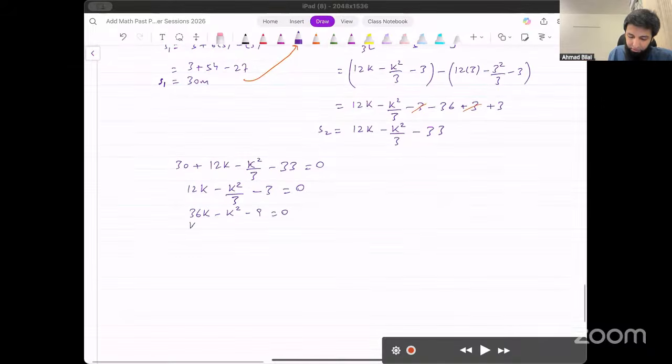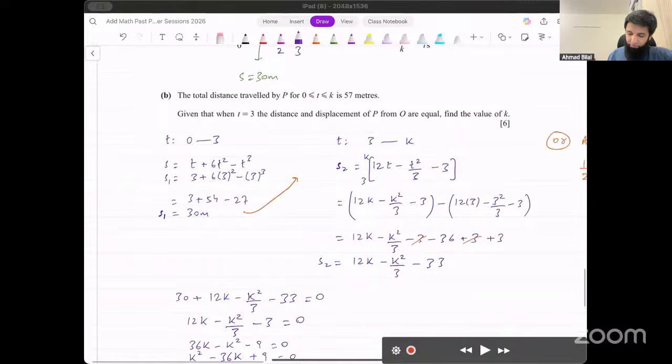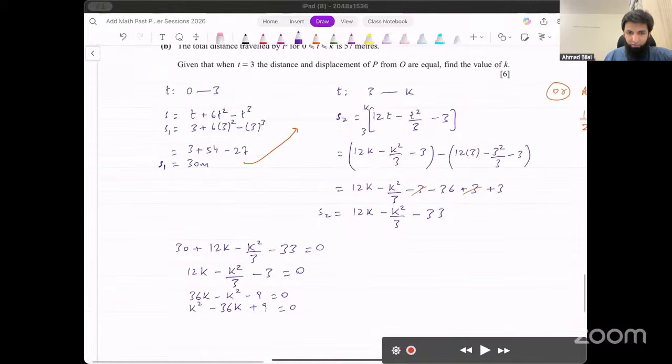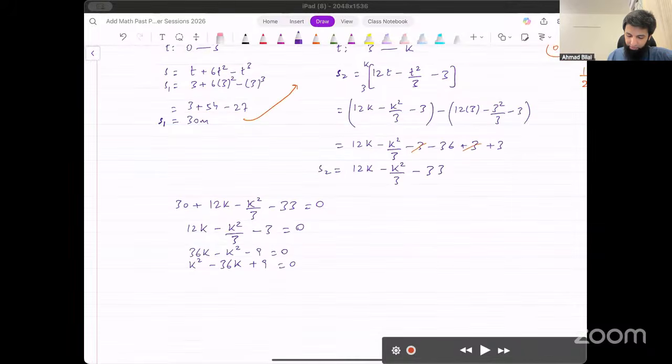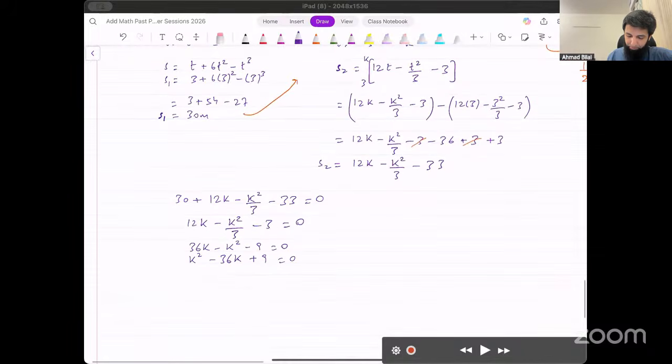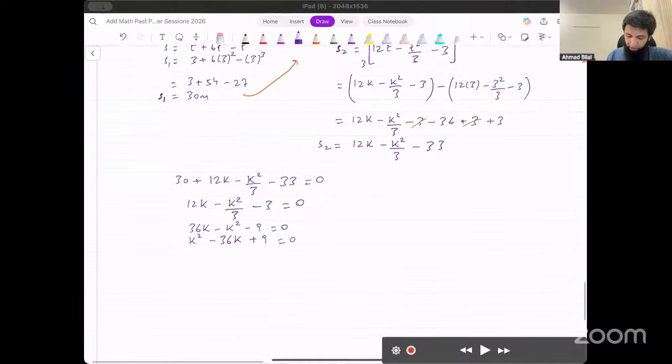Multiply by negative 1 to make the square term positive, and that becomes k squared minus 36k plus 9 equal to 0. Now, can we factorize this? They want us to find the value of k. There's only one value of k that we're supposed to get. Can we factorize this, by the way? We can't factorize this, right?